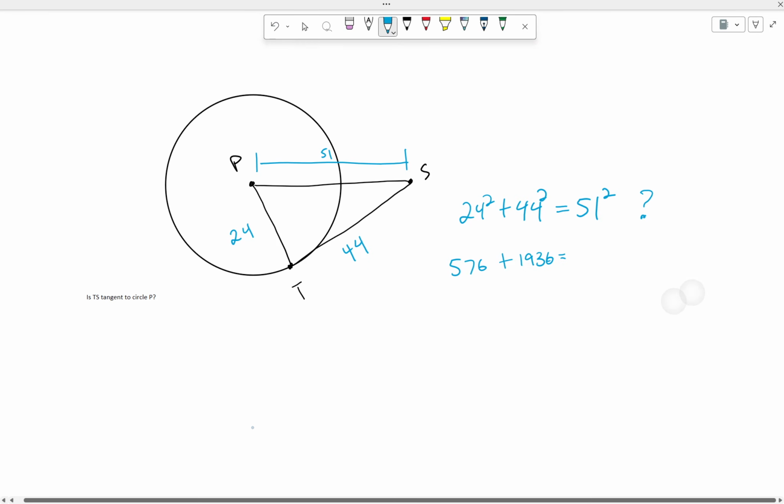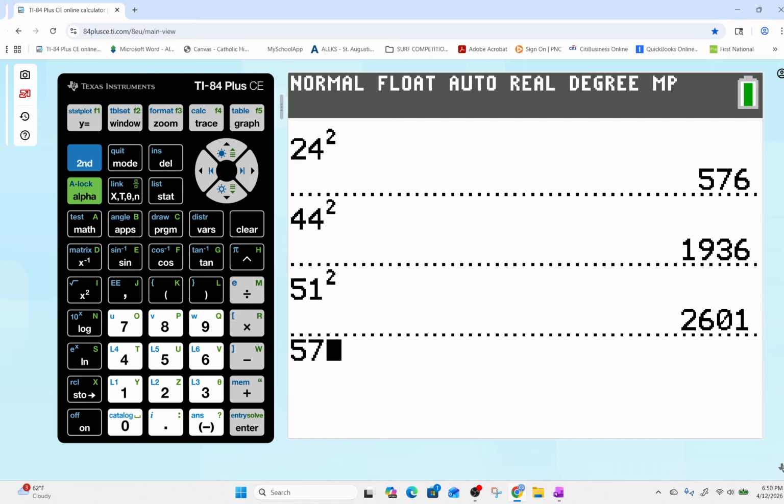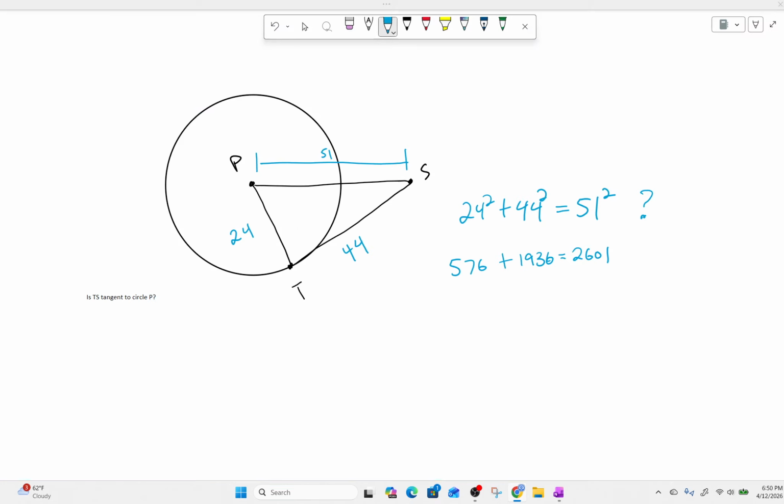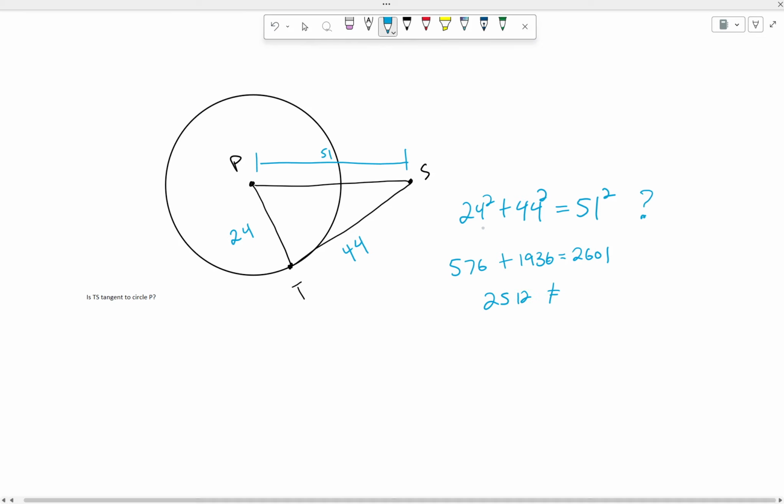So when we add 576 and 1936, we see that that is 2512, which is not equal to 2601. So the answer simply is no. It's a simple one word answer. All right.